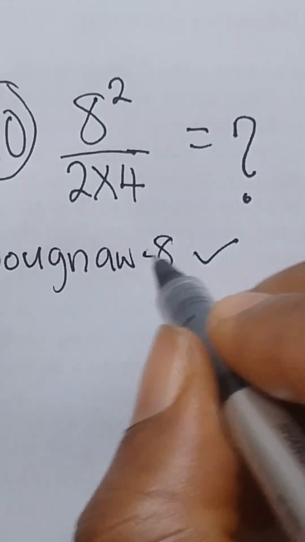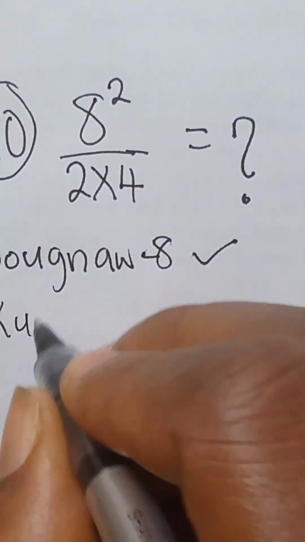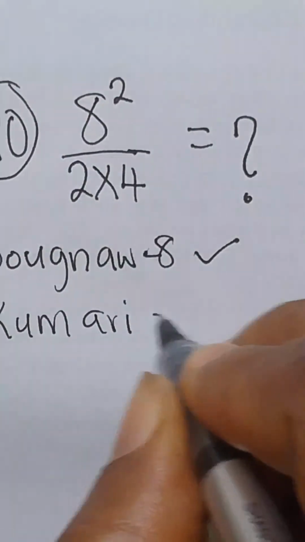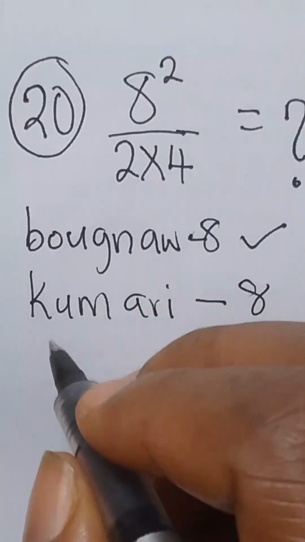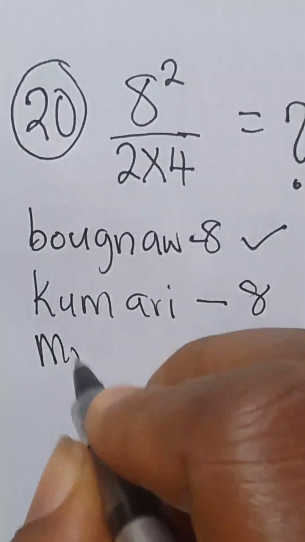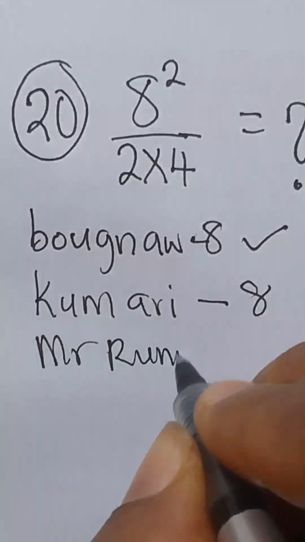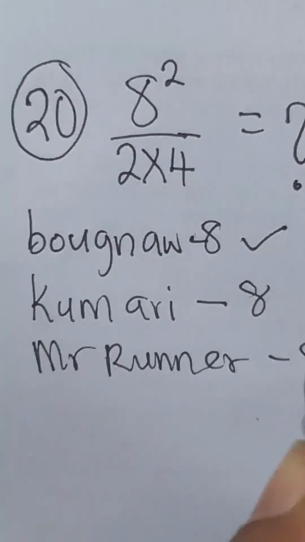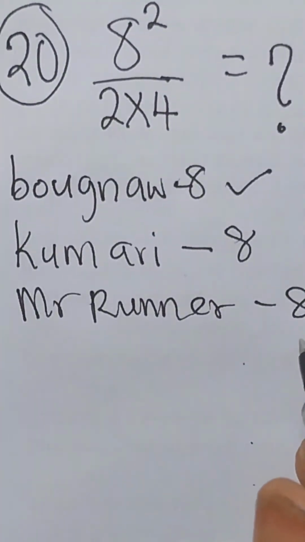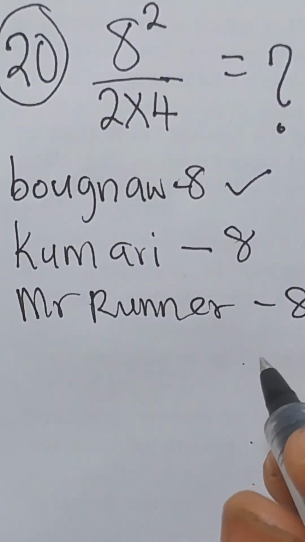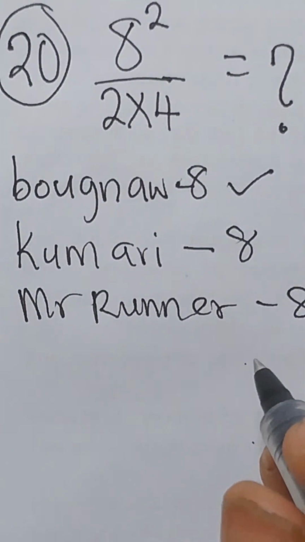Kumari, 8. Okay. Mr. Rona, hi. All right, 8. Okay. Any more answers? Okay, so we've gotten 3 answers.